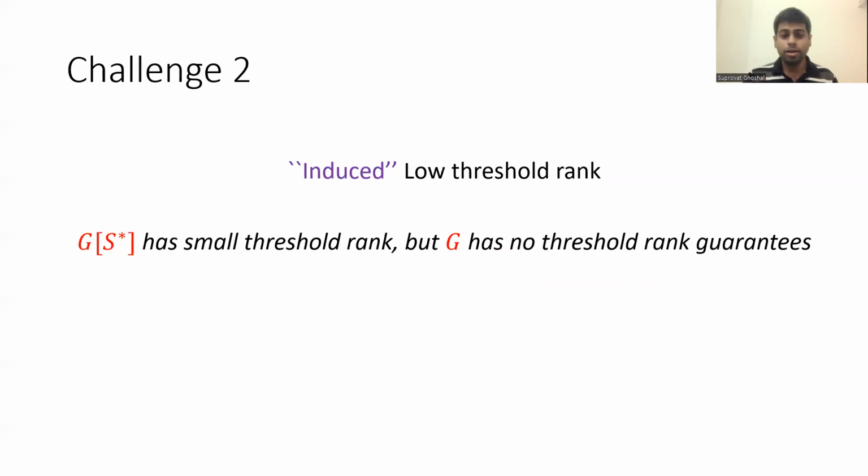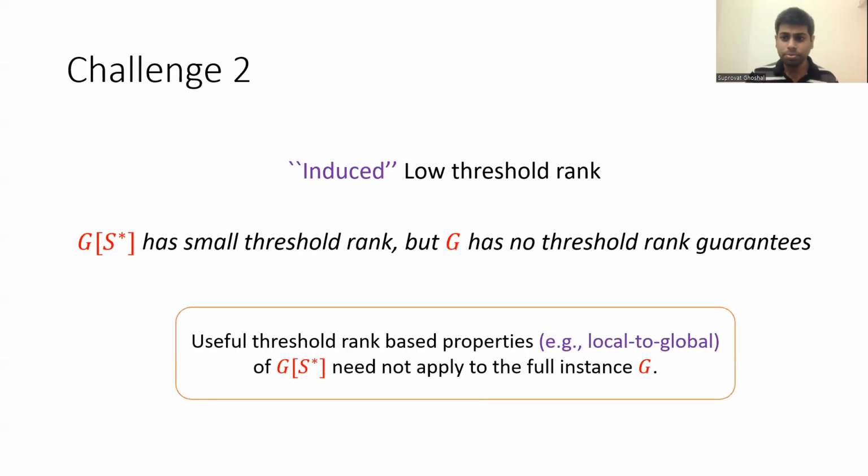The second challenge is again an obvious one. It's this issue that we work under this weaker assumption that the full graph does not need to have low threshold rank. We only need to have low threshold rank on the subgraph induced by an optimal solution. And therefore, any nice properties that might come out of the low threshold rank subgraph hidden inside this larger graph are not automatically inherited by the larger graph.